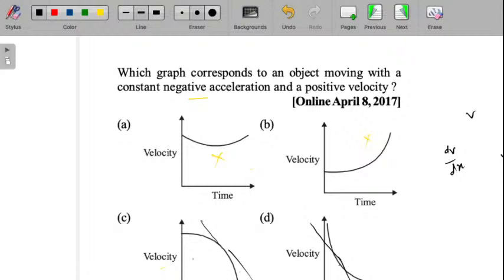But at the same time, we could see that when the object moves with a negative acceleration, at some point in distance, the velocity has to become zero. It can't become close to zero like this.